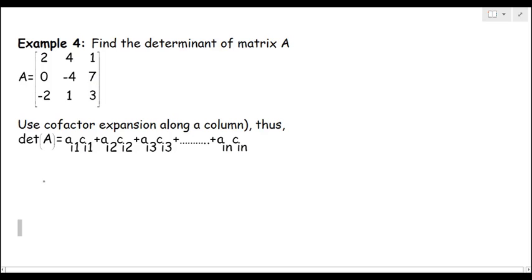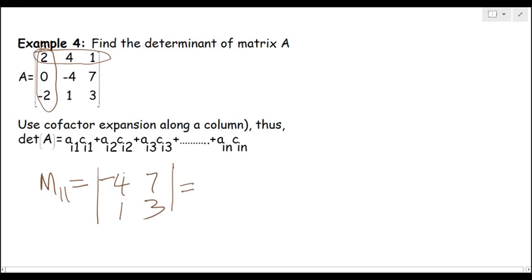We start by calculating the minors, whereby M11: we broke row number 1 and column number 1. We are left with minus 4, 7, 1, 3, and this translates to minus 12 minus 7, that is minus 19.